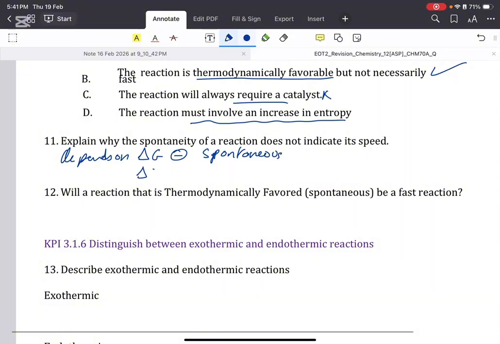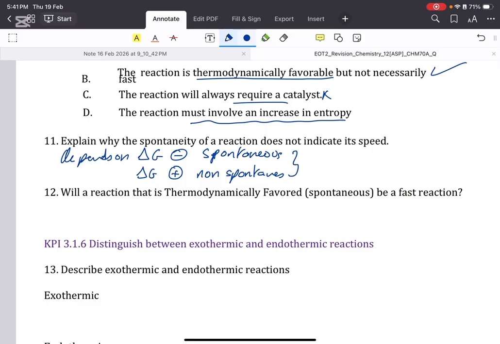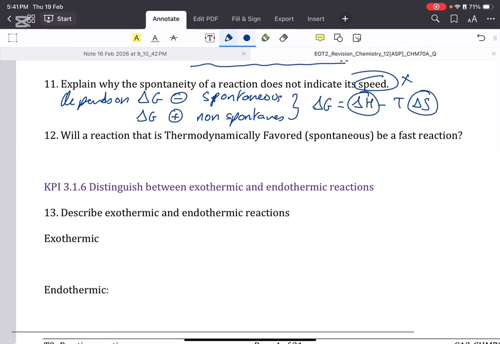But if delta G is positive, it is non-spontaneous. And the two factors that affect the sign of delta G, we take them from this formula: delta S and delta H. So it has nothing to do with the speed. It's irrelevant. Meaning if you used a catalyst or you did not use a catalyst, it's the same. It's not related to favorability.